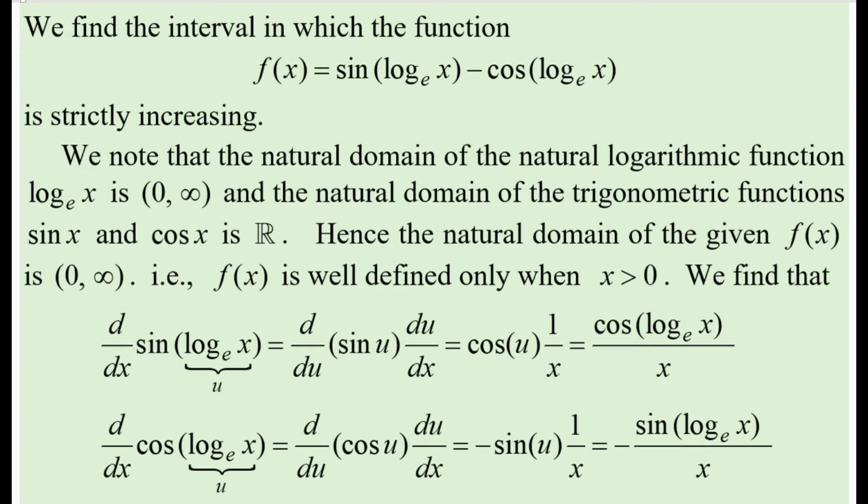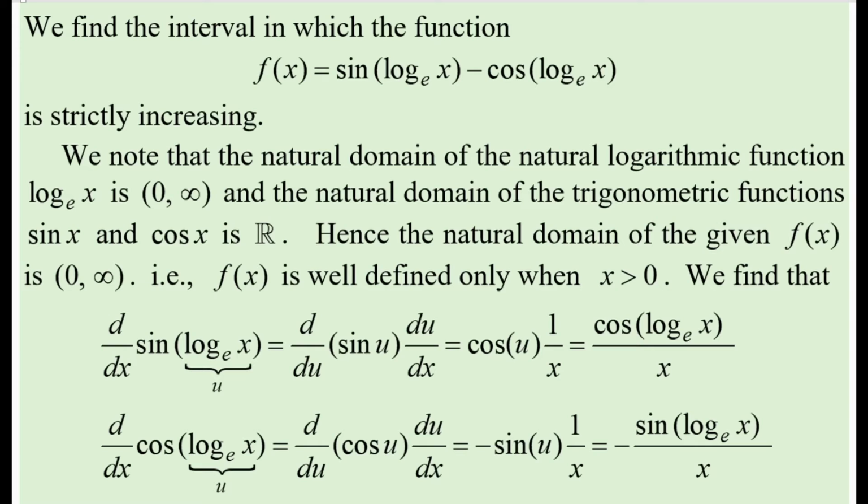Now differentiating with respect to x, we find that d by dx of sine of log x is equal to d by du of sin u times du by dx, where we take u equal to log x and apply the chain rule.